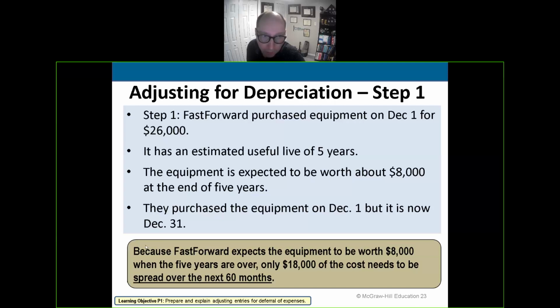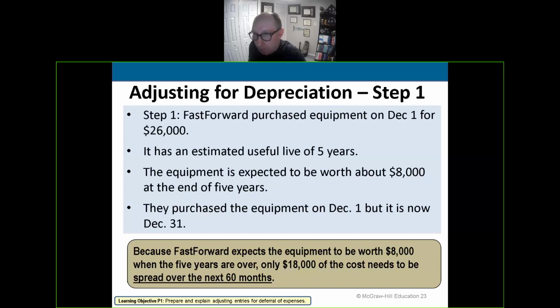So here's how it works. 26,000, that's the original cost, minus the 8,000 salvage value, divided by 5 years. We break the 5 years out into months. 5 times 12 is 60 months.